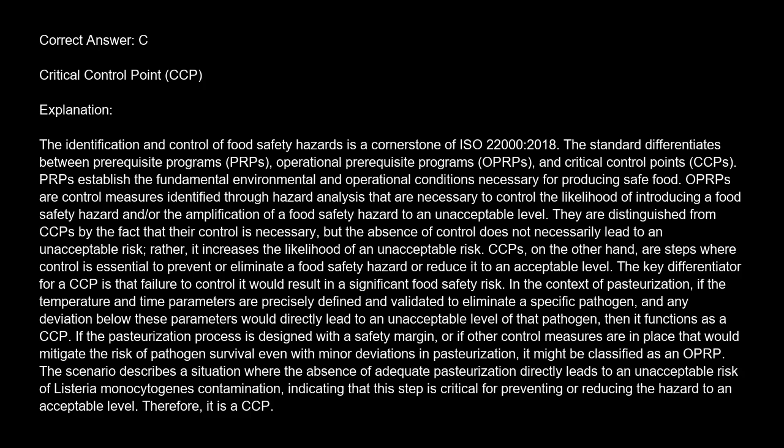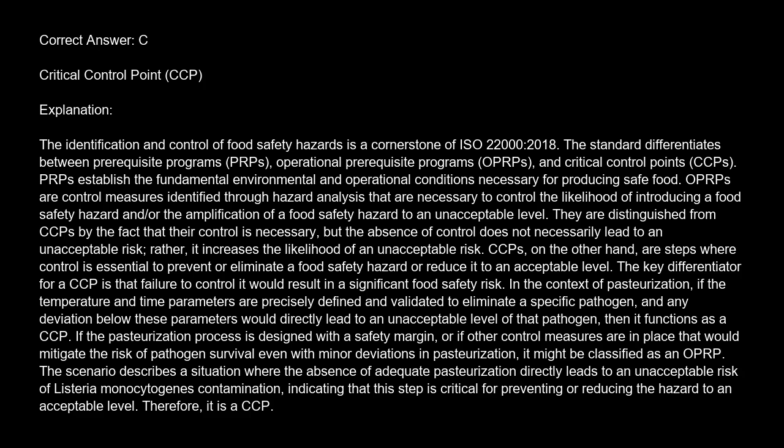In the context of pasteurization, if the temperature and time parameters are precisely defined and validated to eliminate a specific pathogen, and any deviation below these parameters would directly lead to an unacceptable level of that pathogen, then it functions as a CCP. If the pasteurization process is designed with a safety margin, or if other control measures are in place that would mitigate the risk of pathogen survival even with minor deviations in pasteurization, it might be classified as an OPP.